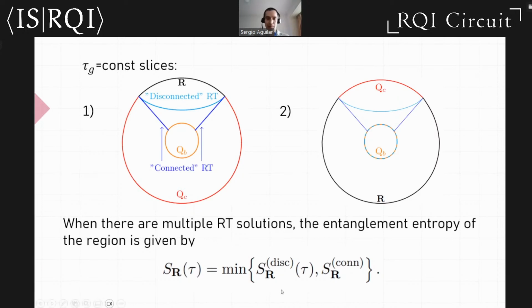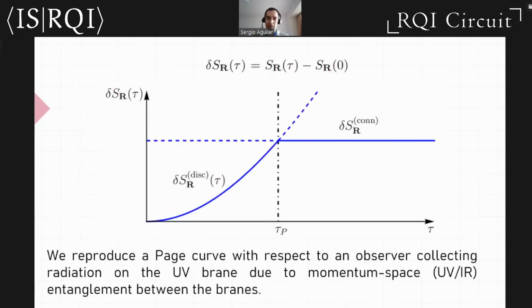If you have multiple saddles, because now you have disconnected and connected phases, then the entropy that dominates in the calculation is the minimum between the two cases. Then this is what you find for the Page curve. Obviously I skipped some details about how you do this calculation, but in principle it is very straightforward.